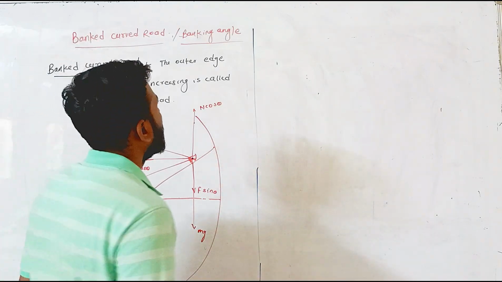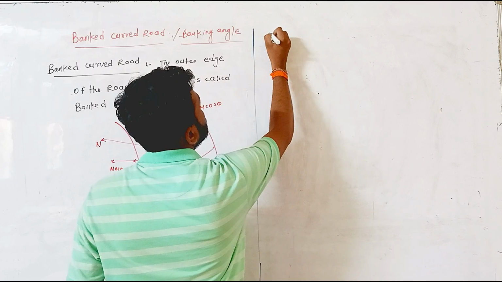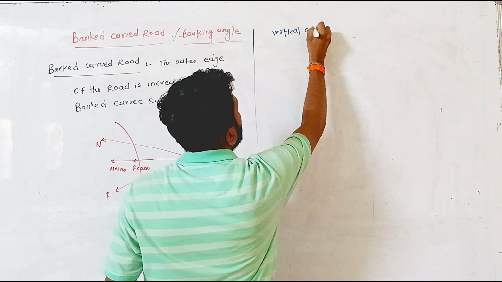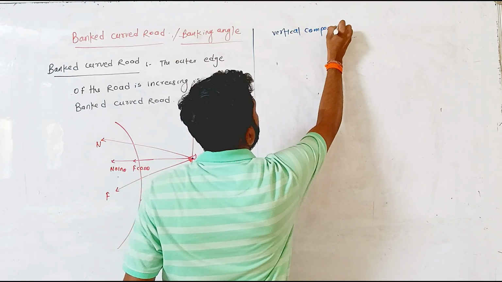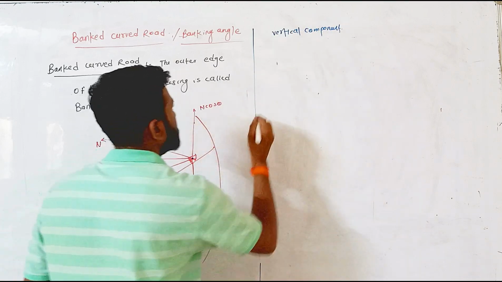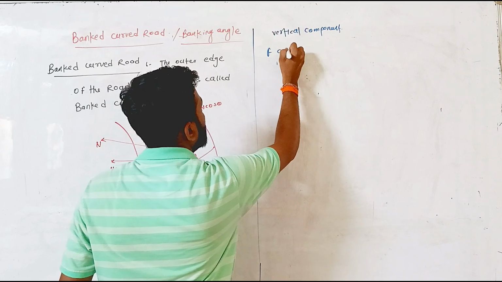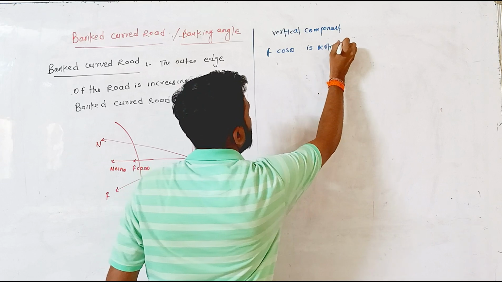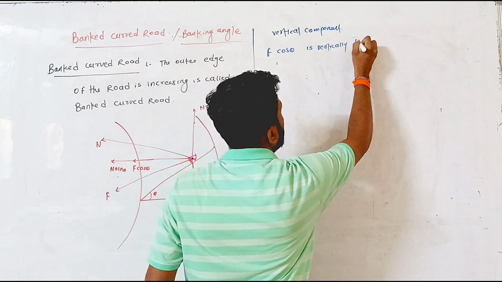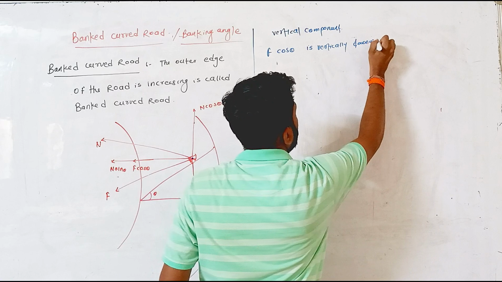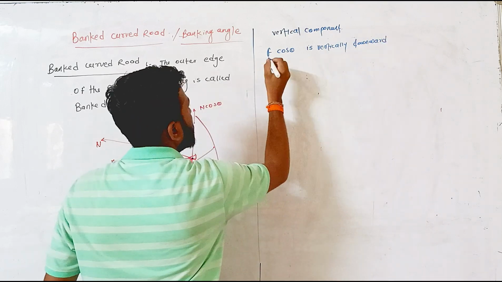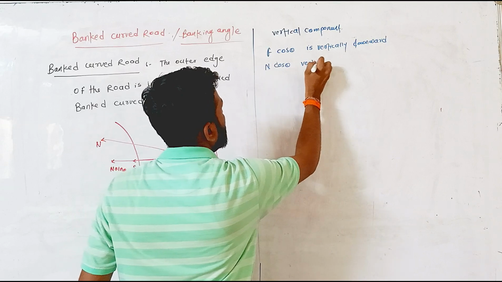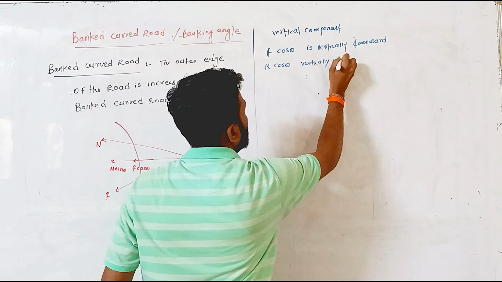So first of all, we write the vertical component. F sin theta is vertically downward, and N cos theta is vertically upward.